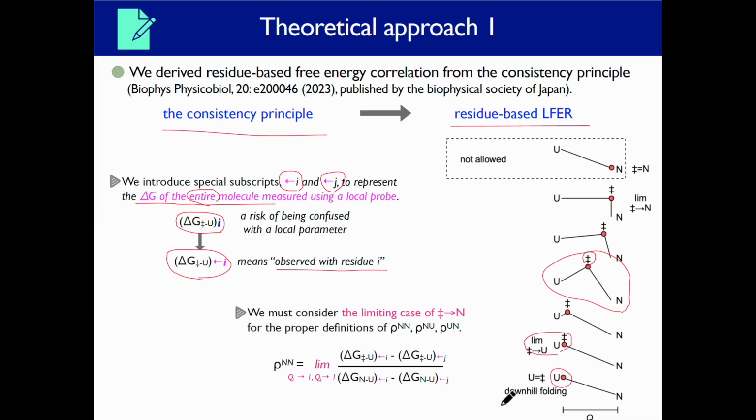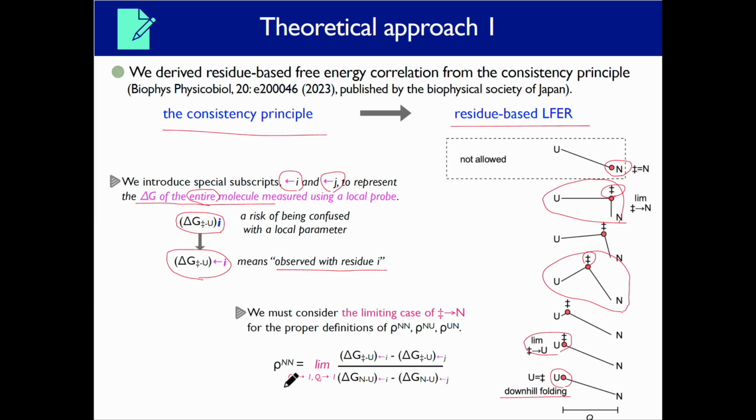This is so-called downhill folding, very rapid folding without a barrier. But in the reverse direction, we consider the transition state approaching state N. This is possible. In the limiting case, the transition state still has the highest free energy, but it cannot match the state N exactly, because this is not the two-state exchange anymore.